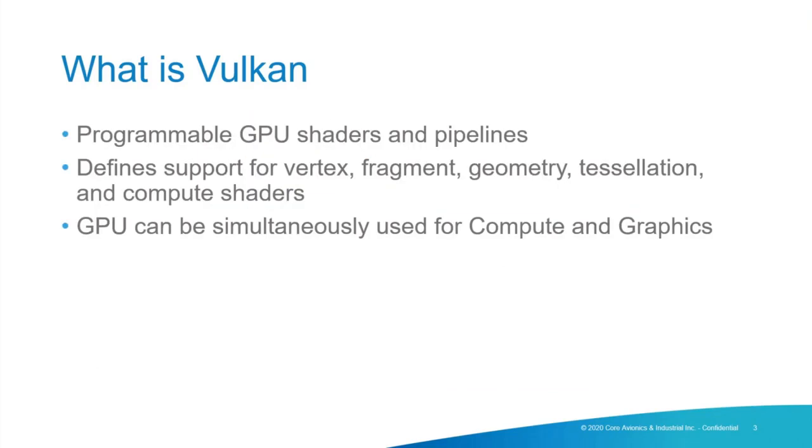To get a little bit more detailed into what Vulkan is, it is an API that provides programmable GPU shaders and pipelines. What that means is it provides programmable access into the GPU through shaders and through programmable pipelines. People who are familiar with OpenGL probably know what a programmable shader is. It's a block of code that you can use to control how the GPU will handle vertex transformations or fragment processing or geometry processing.